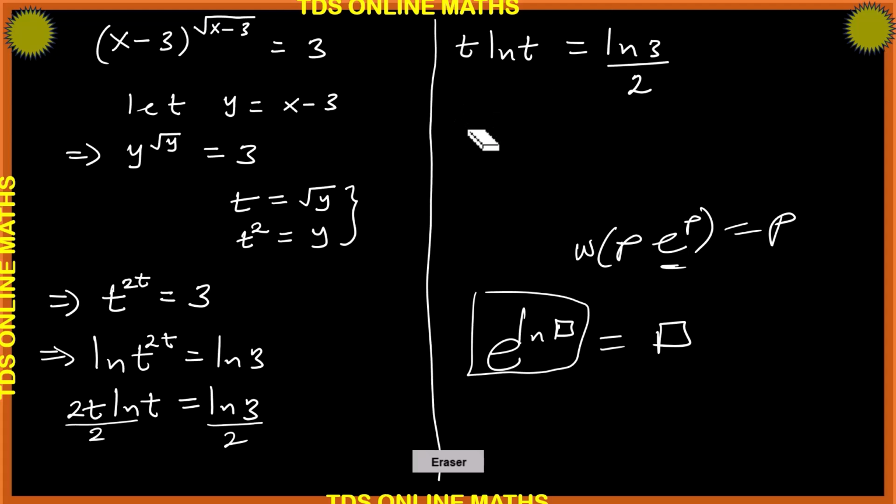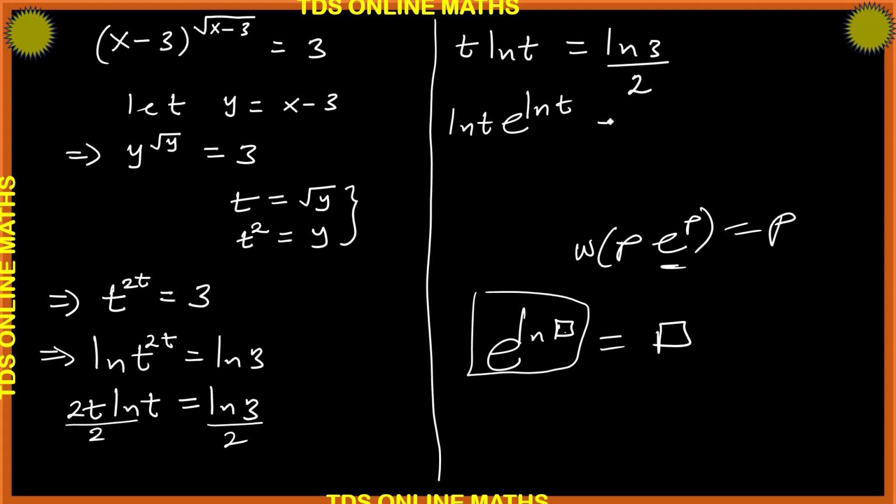So this one is the same as ln of t times e raised to ln of t. Now this one will give us the t back, so I've done nothing. For instance, e raised to ln of box is equal to box, so this side is t.